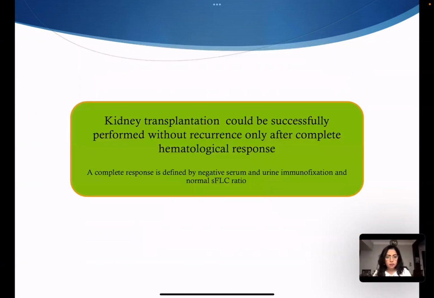Kidney transplantation could be successfully performed, as we've mentioned earlier, and there is a lot of discussion about when and how to do it with the stem cell and so on.